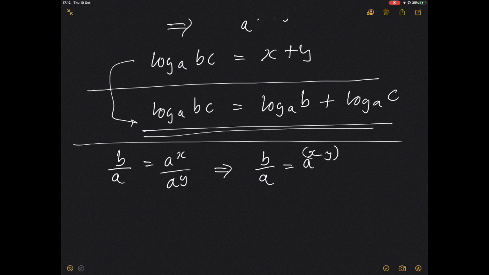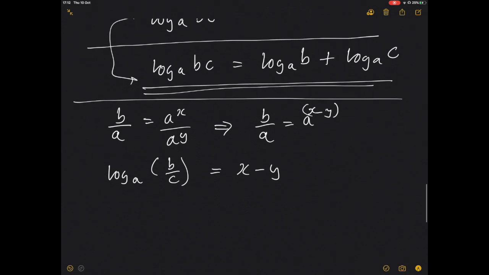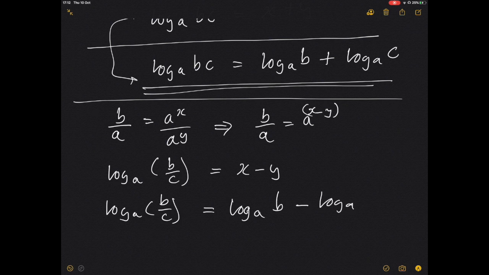So therefore, if we were to use logs here, log_a(b divided by c) is the same as saying x minus y. So log_a(b/c) is also the same as log_a b minus log_a c.